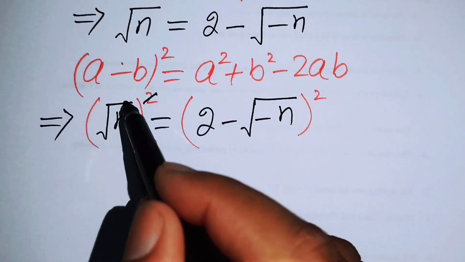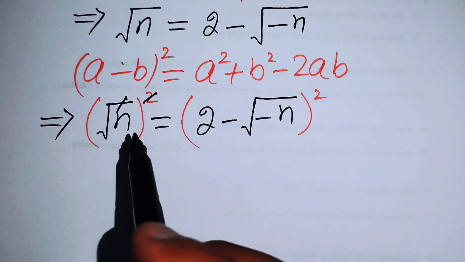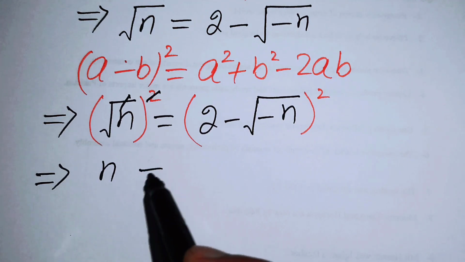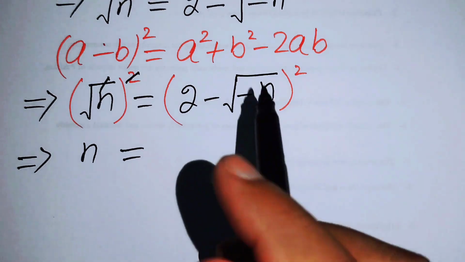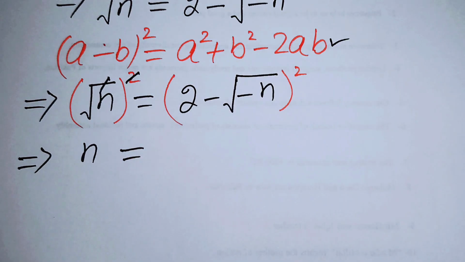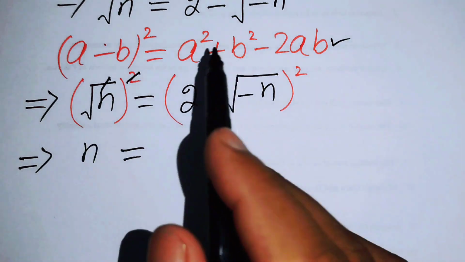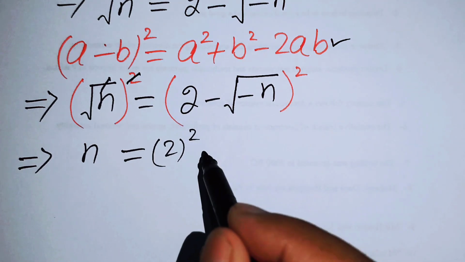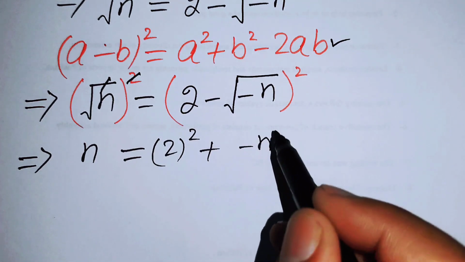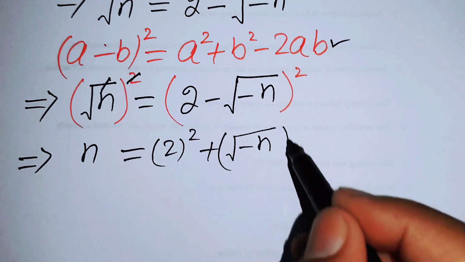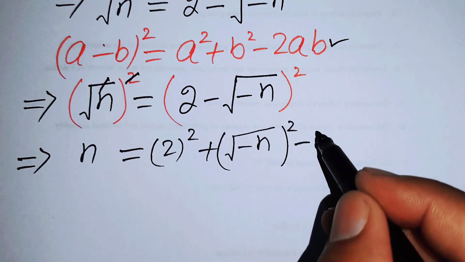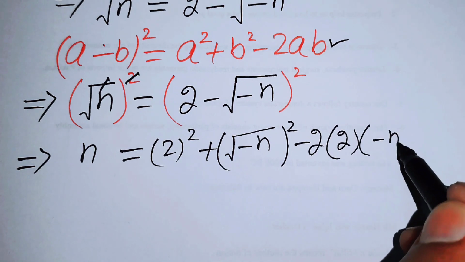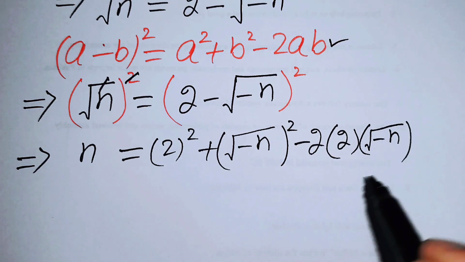Here you see that the 2 and the square root are gone, and in the left hand side you get n, and in the right hand side we can apply this nice identity. According to this formula we have 2² + (√(−n))² − 2 × 2 × √(−n).